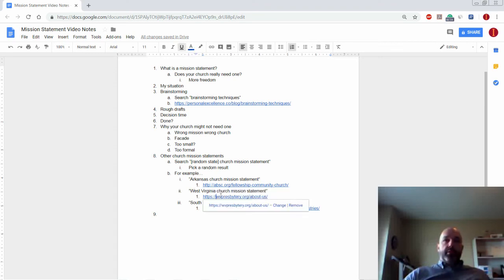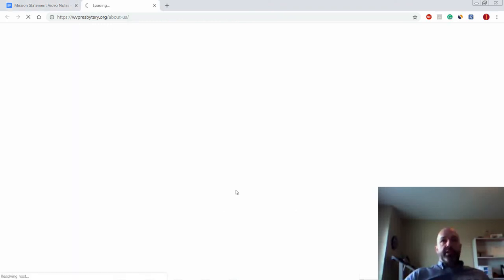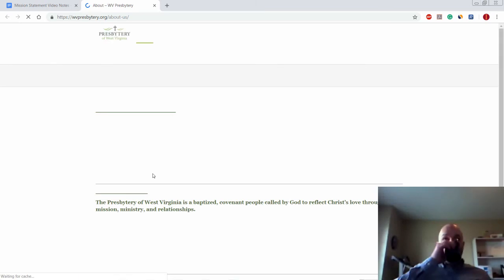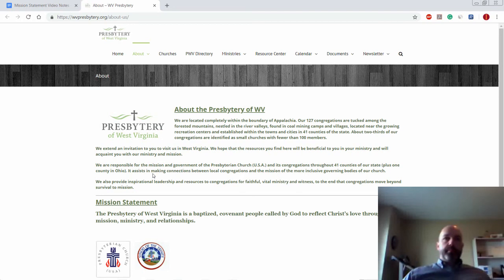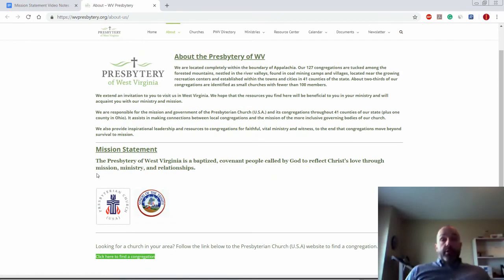The second church is in West Virginia, and it's West Virginia Presbytery. And they also go with a simple one-sentence mission statement.